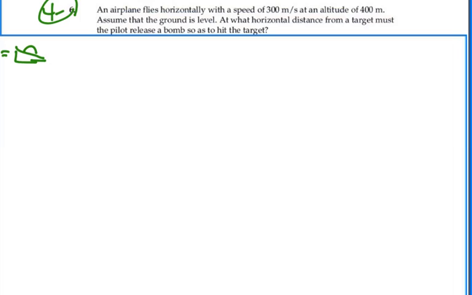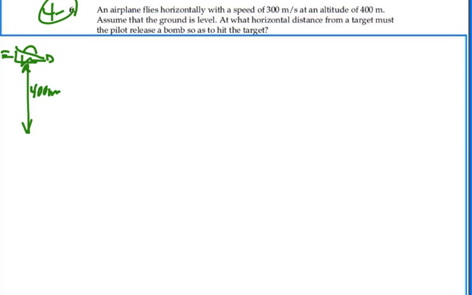So we have an airplane, and it's flying at a height of 400 meters. It's going to release a bomb, and the bomb will take on the same velocity as the airplane initially.